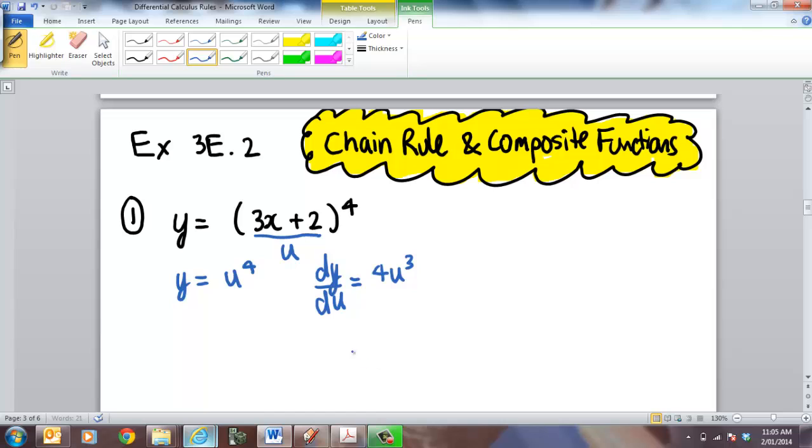And if I know u is equal to 3x plus 2, I can differentiate u with respect to x, and that would just give me 3, wouldn't it?